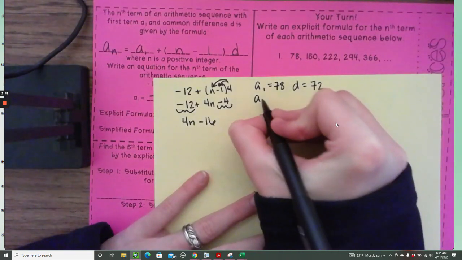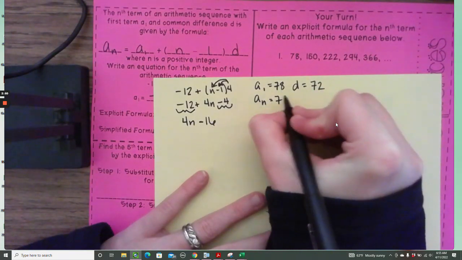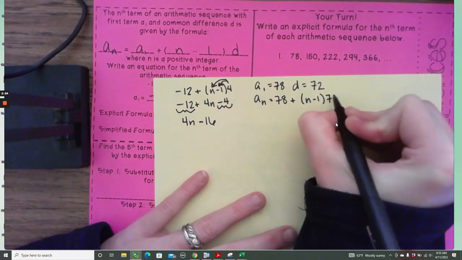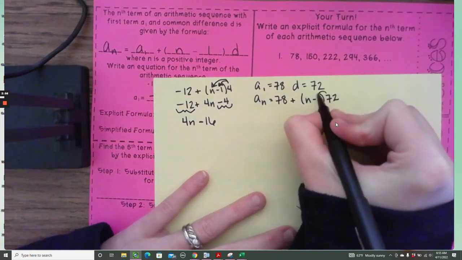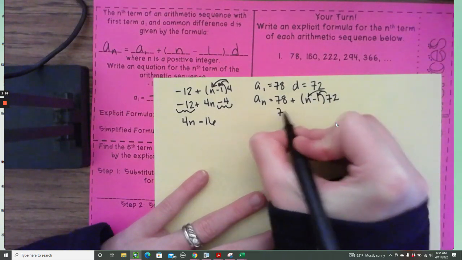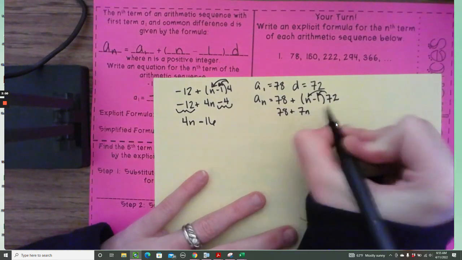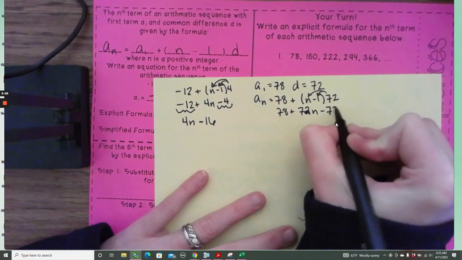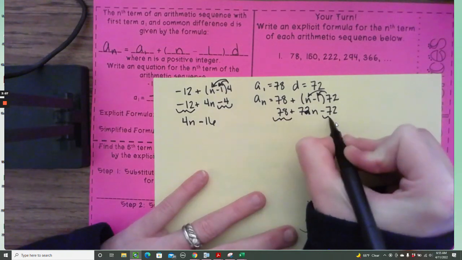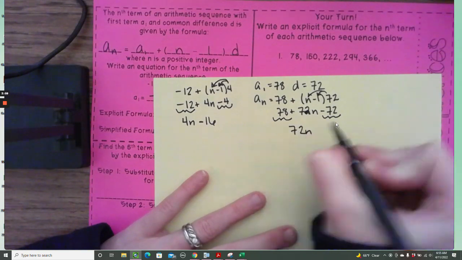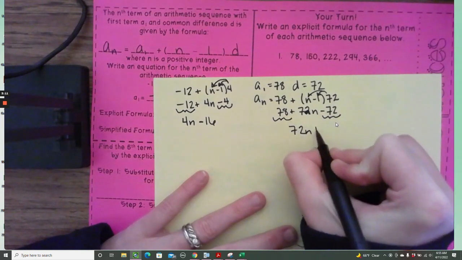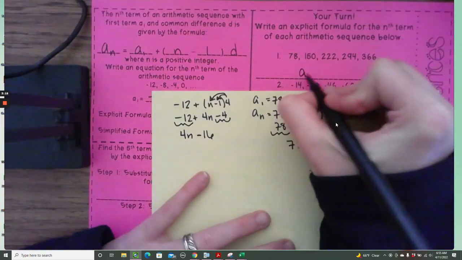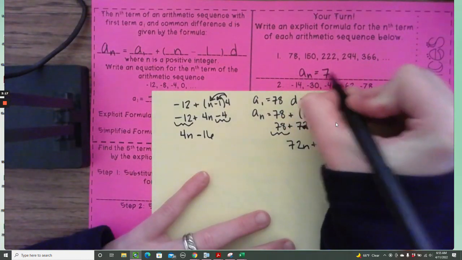So I would have a_n equals a1 plus n minus 1 times 72. Distribute out, so 78 plus 72n minus 72. Combine my two like terms here, so 72n, and then I'm left with a positive 6. So I would have a_n equals 72n plus 6.